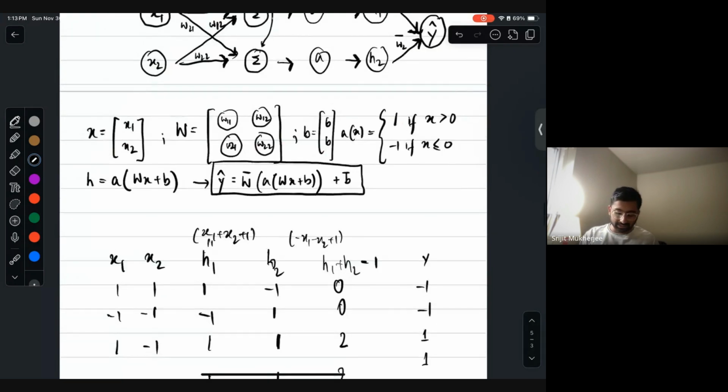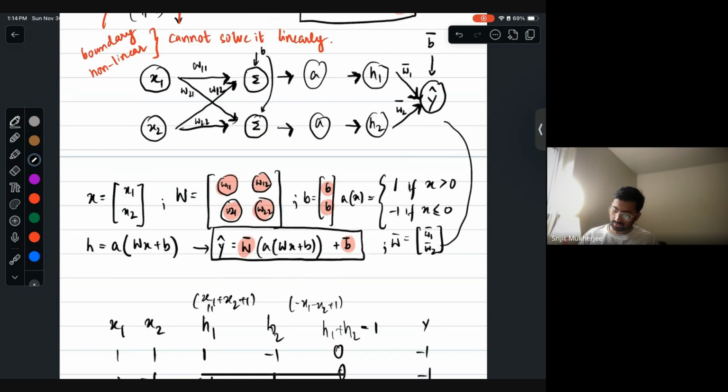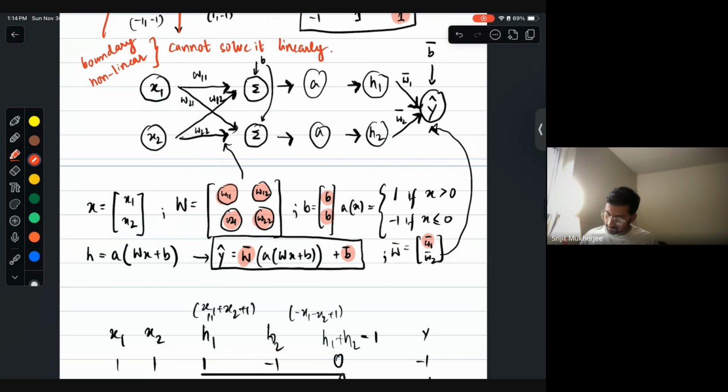The goal is to find these numbers. This one, this one, this one, and also this W hat. Understand this W hat is W hat 1, W hat 2, as shown here.